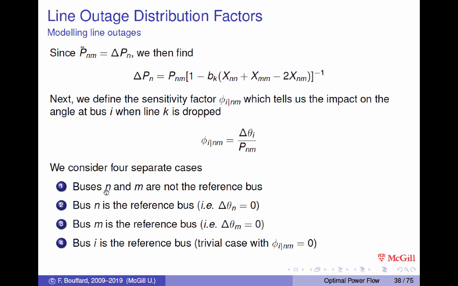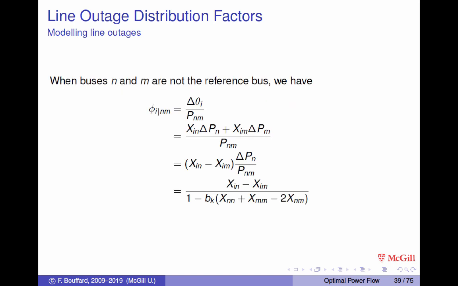First case, buses N and M are not reference. Second case, bus N is the reference node, bus M is the reference node, or bus I is the reference node. And again here, it's a trivial case because if we change the injection at the reference node and we take it back at the reference node, there will be no change elsewhere in the network, just like with HL sub R.